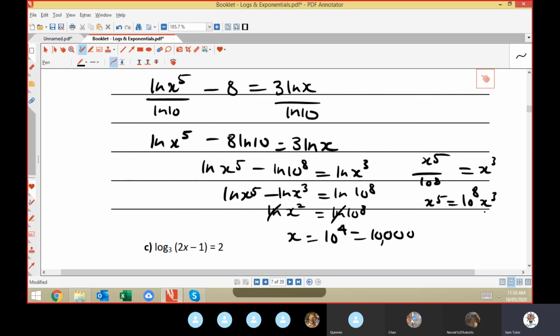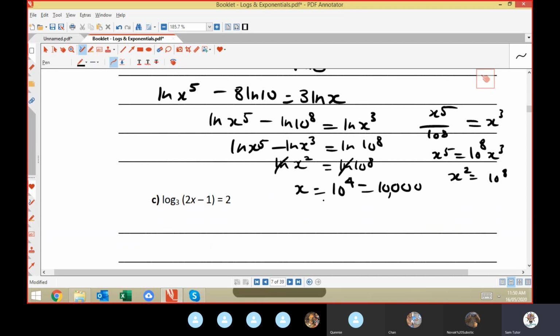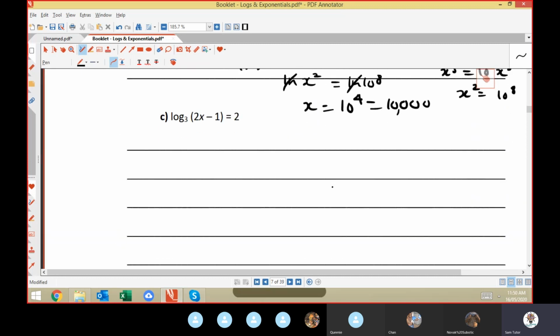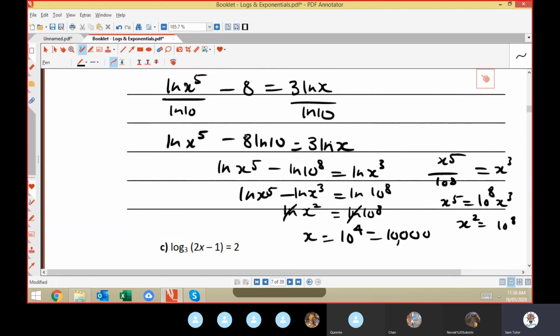Then you would have had to get rid of your x cubed because you can't have it on this side. So you would have divided by x cubed, and you would have still ended up with that result. Try it again. Unless you guys got questions for that one, try the next one.